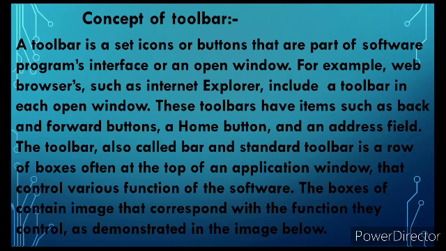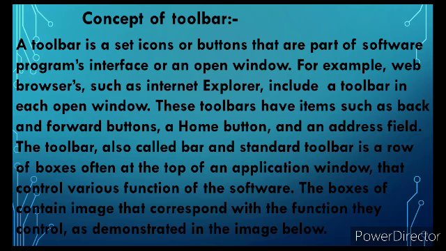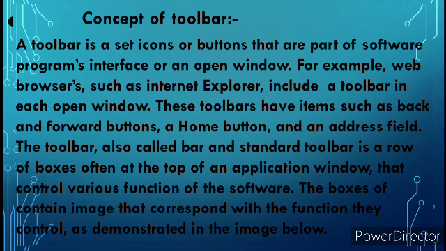Concept of toolbar. A toolbar is a set of icons or buttons that are part of a software program's interface or an open window. For example, web browsers such as Internet Explorer include a toolbar in each open window. These toolbars have items such as back and forward buttons, a home button, and an address field.